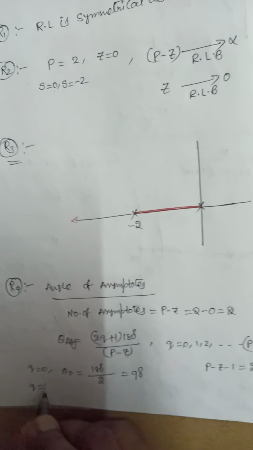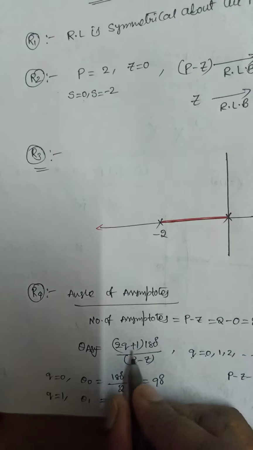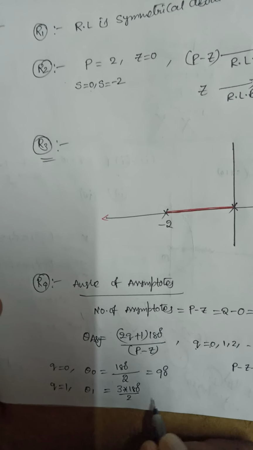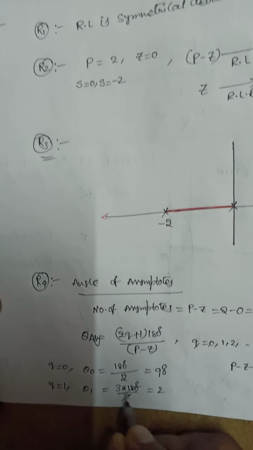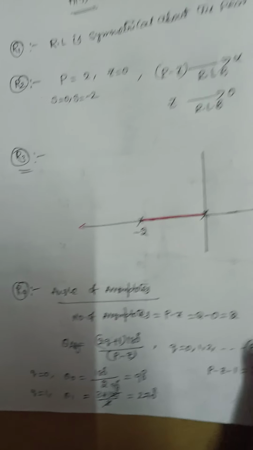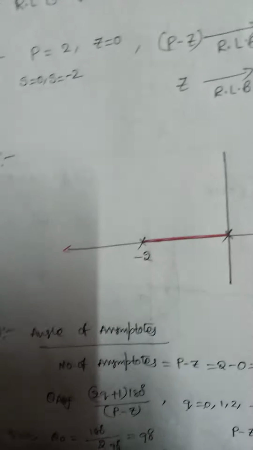And if q is equal to 1, theta 1 is equal to (2 times 1 plus 1), that is 3, into 180 degrees divided by 2, that is equal to 270 degrees. We found the values of the angle of asymptotes here.